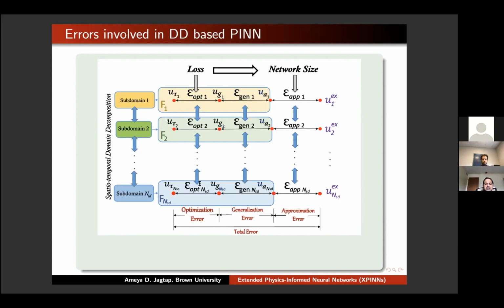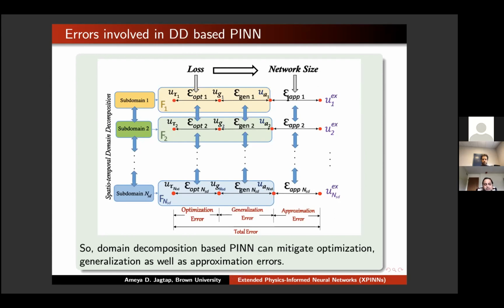So by choosing the network size in each subdomain, we can actually reduce both the approximation error as well as the optimization error, because they are all dependent on each other. And at the same time, we can also choose the number of residual points and their location carefully by dividing the subdomain. So the domain decomposition based PINN can mitigate optimization, generalization, as well as approximation error efficiently here.